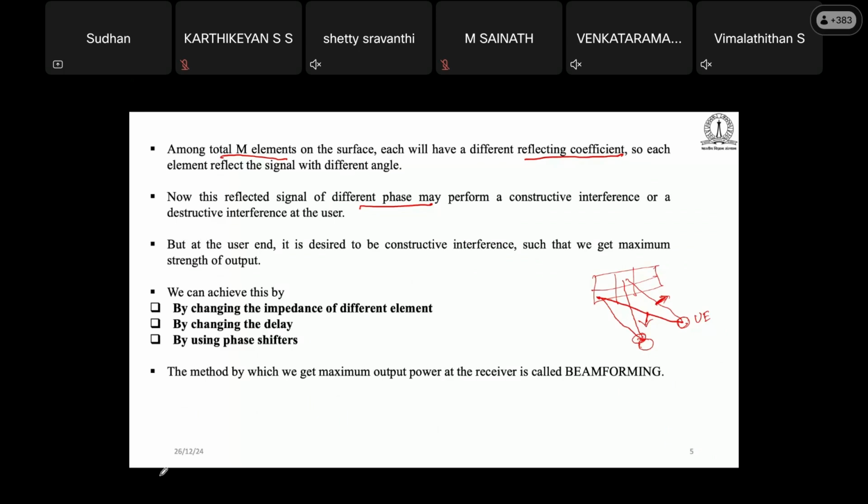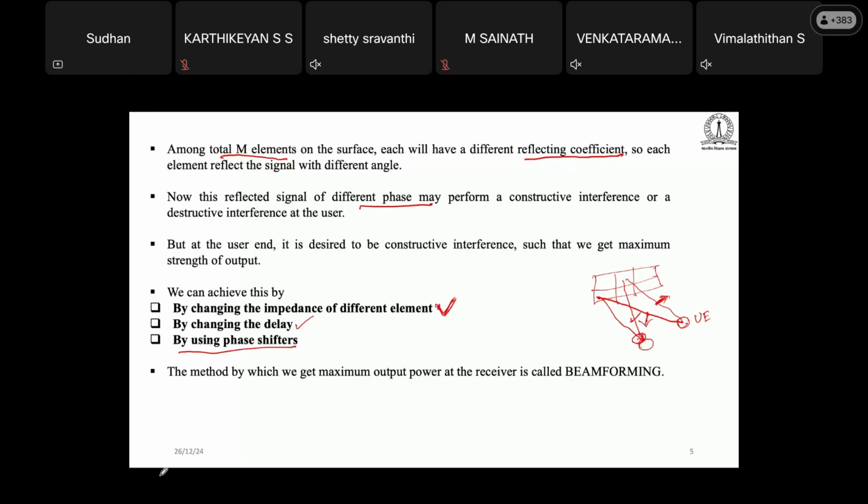So this is done by phase shifters and different impedance elements, which change the amplitude, and by changing the delay we can also change the direction of the transmitted reflected signal.